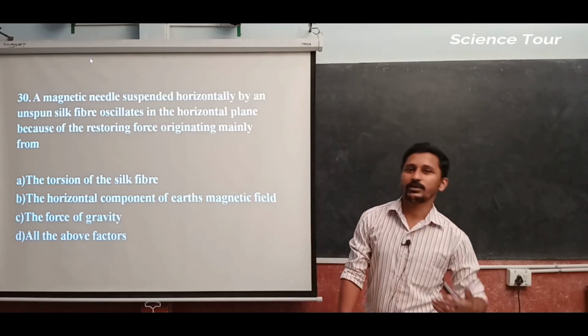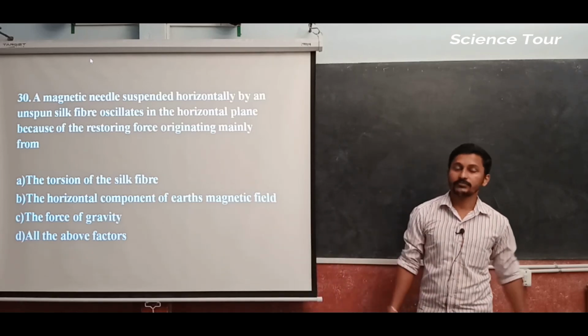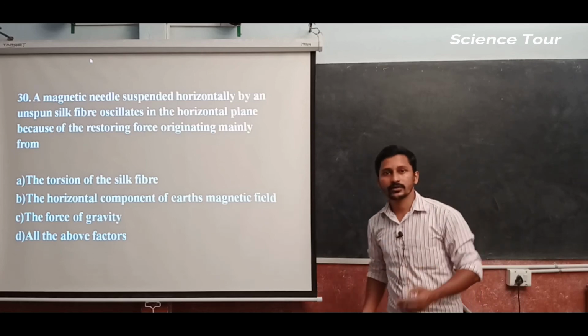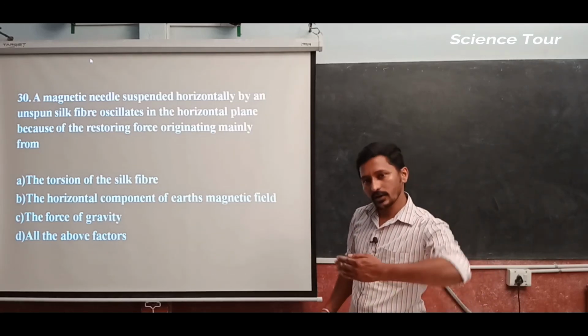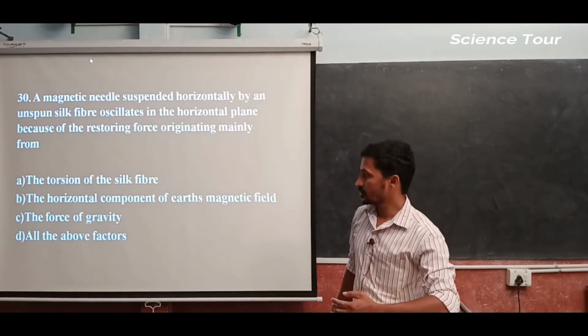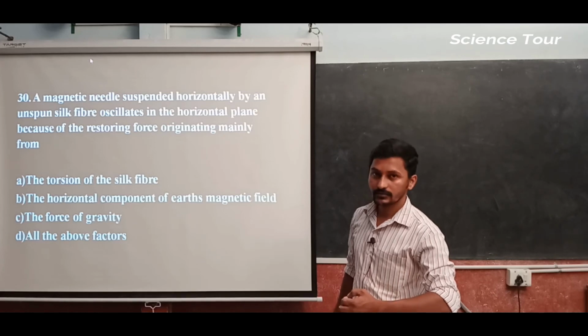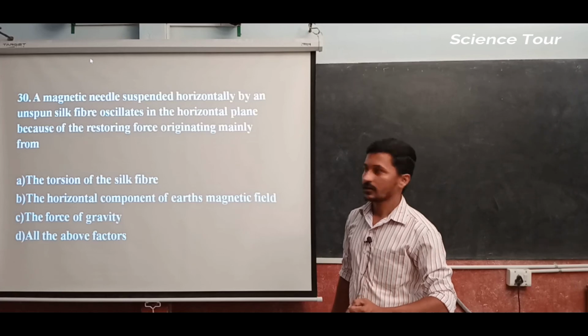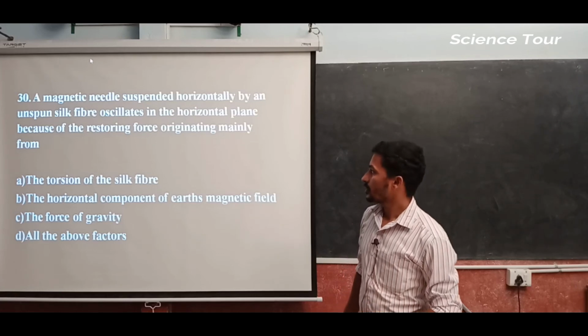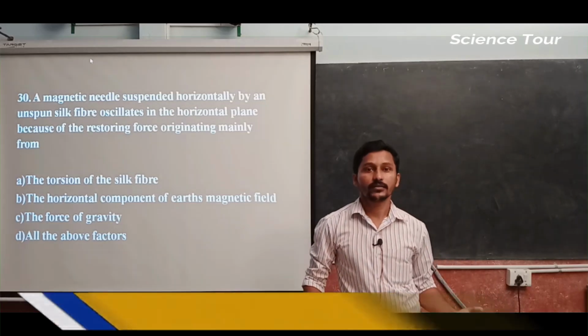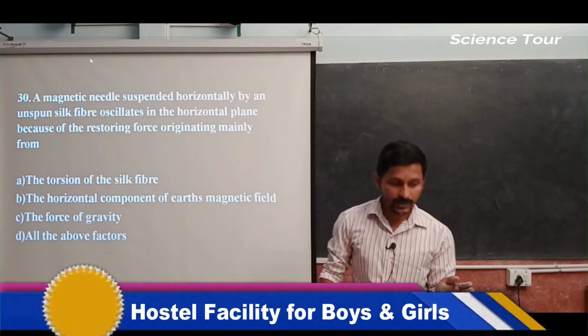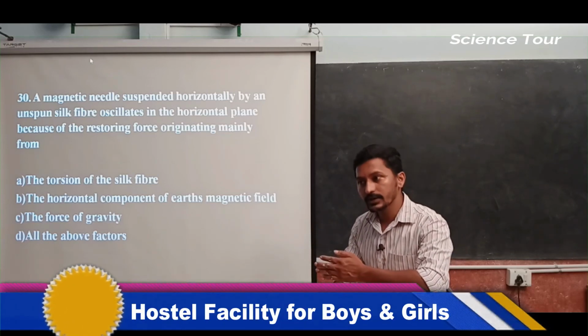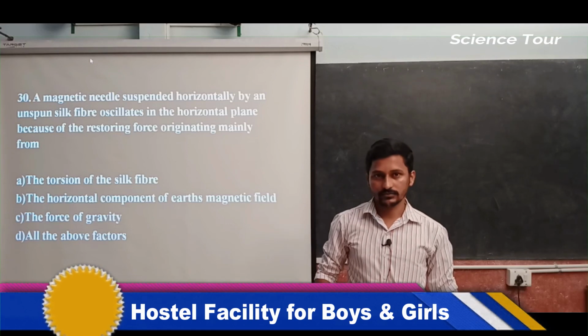It rotates only because of the magnetic field of the earth. If there is no magnetic field, do you think it will rotate? So there is nothing to do with gravity. Because of gravity it does not rotate. The restoring force originates because of the alignment in the magnetic field, that's why restoring torque is available.